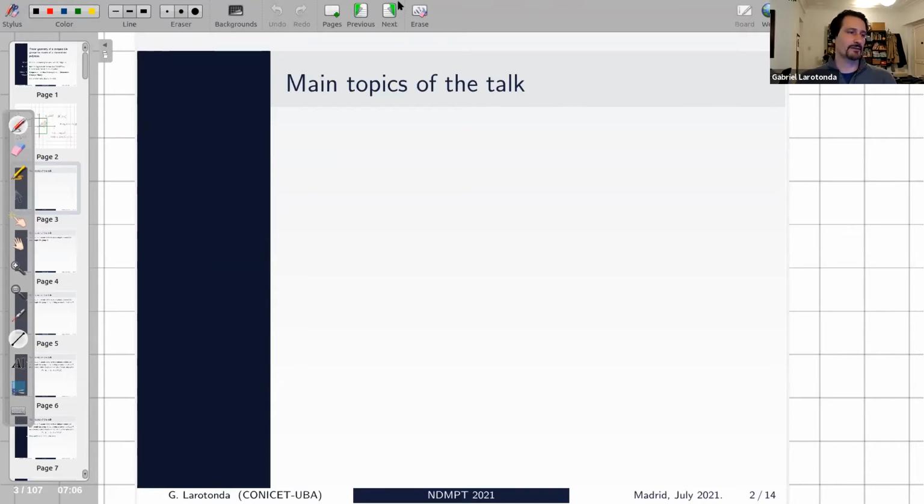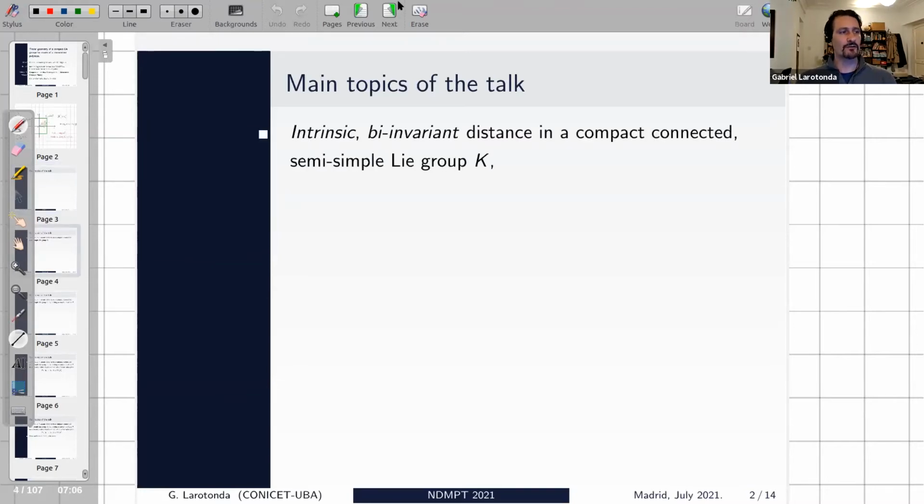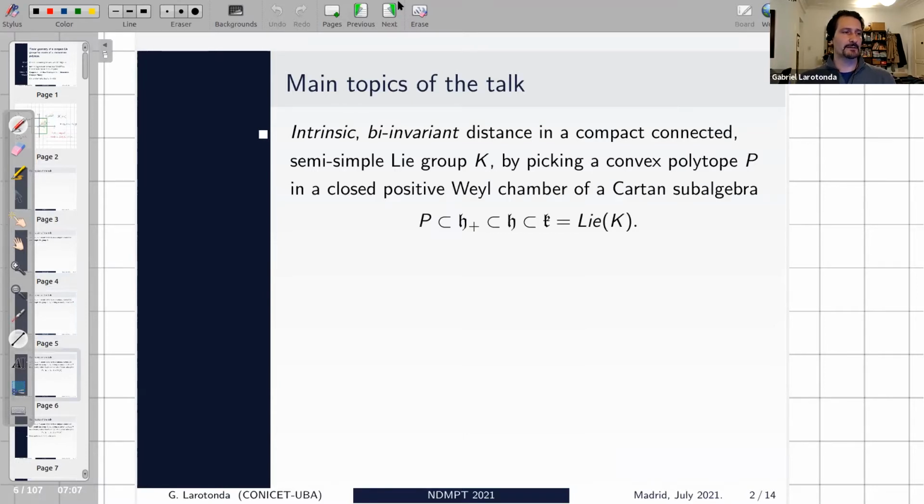The main topic of the talk will be to consider some intrinsic bi-invariant distance in a compact, connected, and semi-simple Lie group. And this distance will be, in a way, induced by picking some polytope in the Lie algebra. In particular, to be more specific, we will obtain the distance by picking a polytope in some choice of positive Weyl chamber of a fixed Cartan subalgebra of the Lie algebra, right?